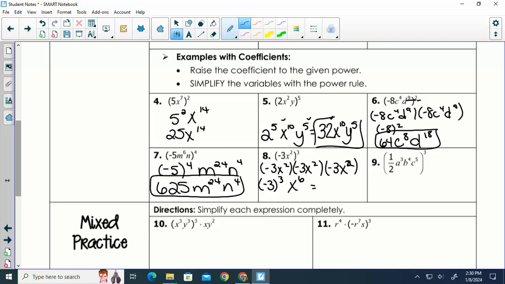Okay, what is -3 to the 3rd power? -27. That one stays negative because the exponent is odd. Okay, how did we do on those? Good? All right.